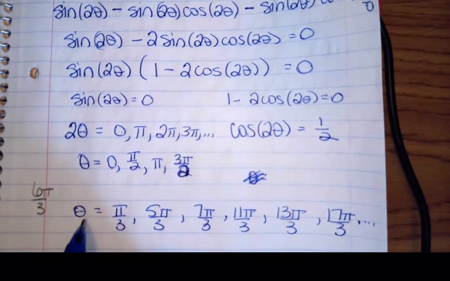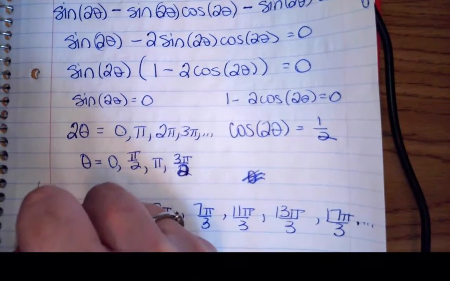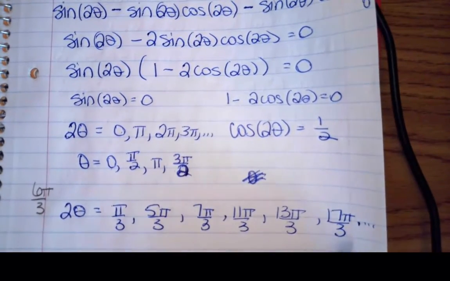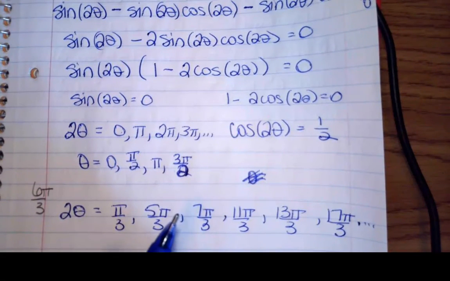But I don't have theta. What do I have? I've got 2 theta. So I need to divide all of these by 2, which means my denominators are going to become 6's. Pi over 3 divided by 2 is the same thing as pi over 3 times 1/2. So all of these become 6's.